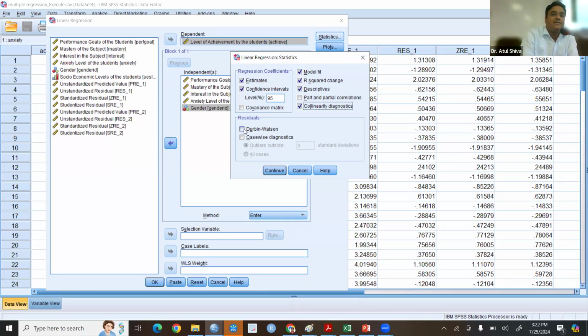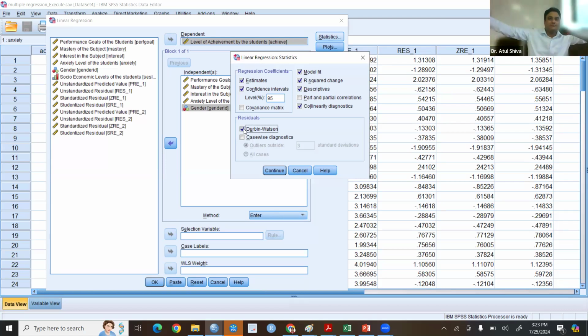Durbin Watson is going to check autocorrelation. Although it is cross-sectional, still, write down that the range of autocorrelation is plus minus 4. And the ideal Durbin Watson statistic should be 2.